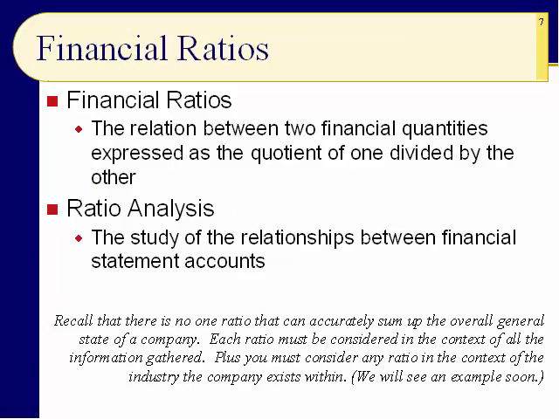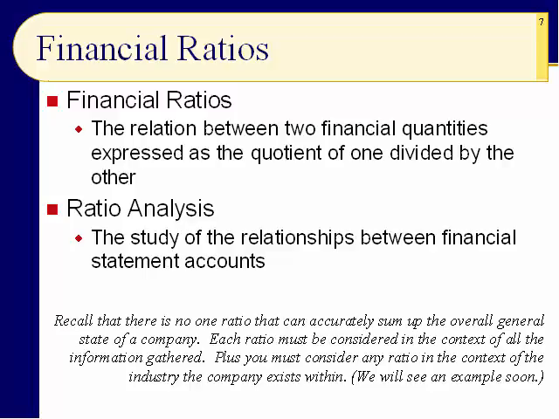Slide number 7. We're going to come back to something that we've already taken a quick look at, and we'll look at it in more detail, and that is financial ratios and financial ratio analysis. The financial ratios are the relations between two financial quantities expressed as the quotient of one divided by the other.